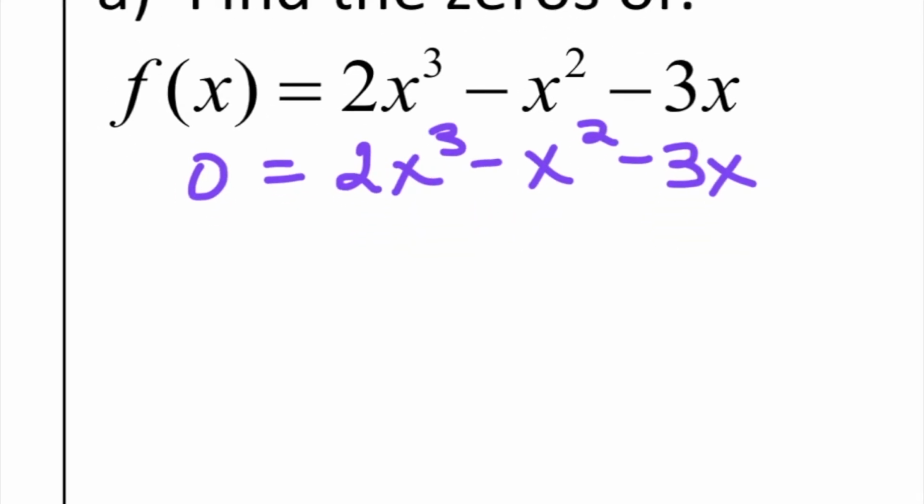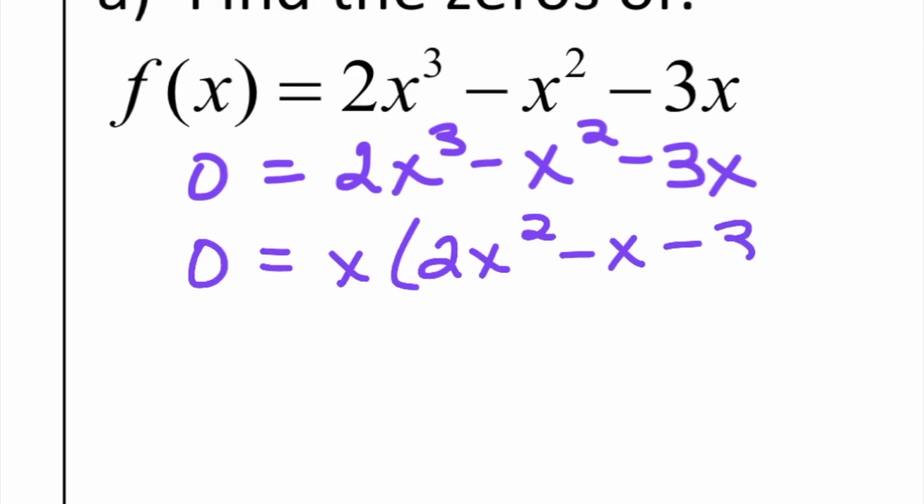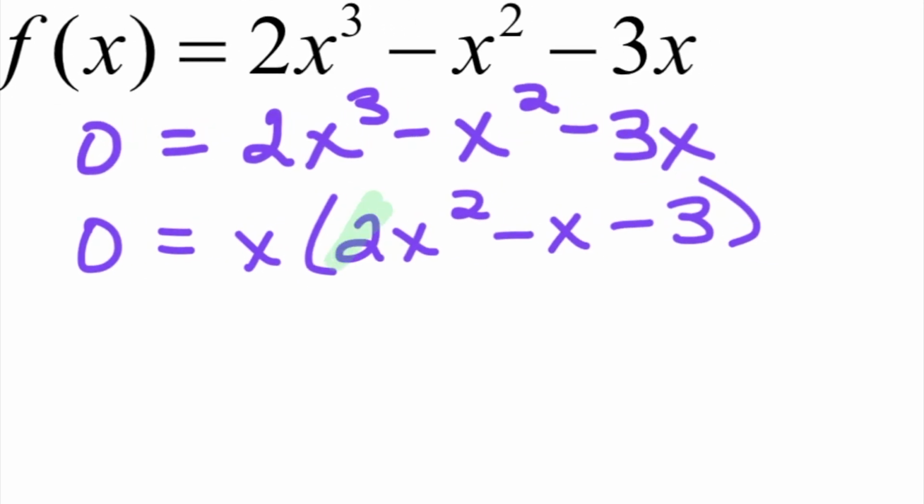My next step will be to say 0 equals x times 2x squared minus x minus 3. Now I see that what's inside the parentheses, the 2x squared minus x minus 3, can be factored. We've had many conversations in class about the different methods of factoring when there's a leading coefficient, meaning there's a number multiplied by the x squared.